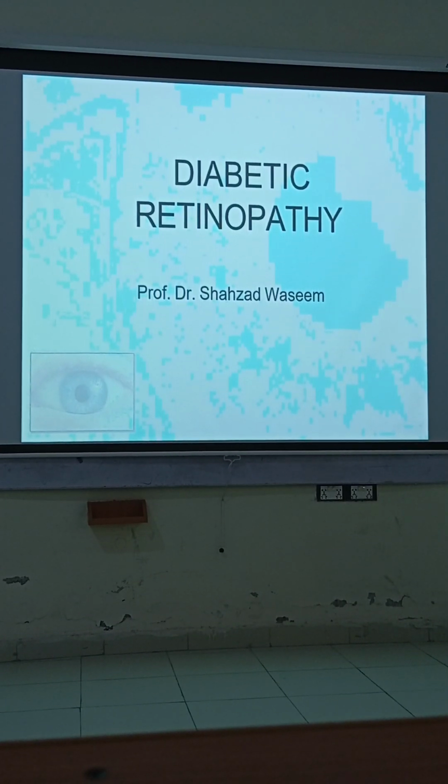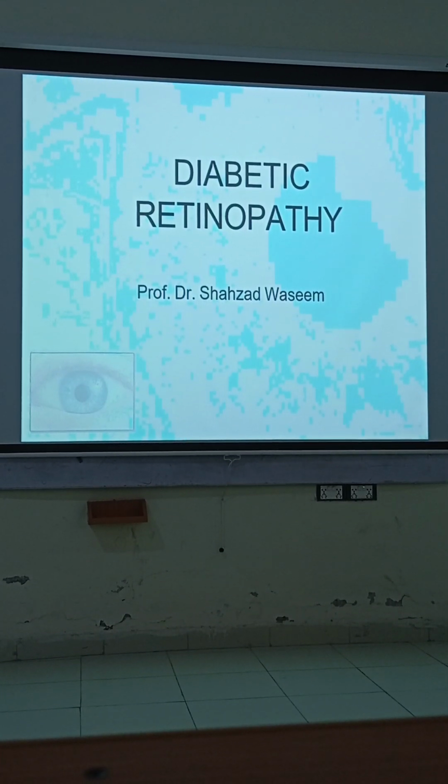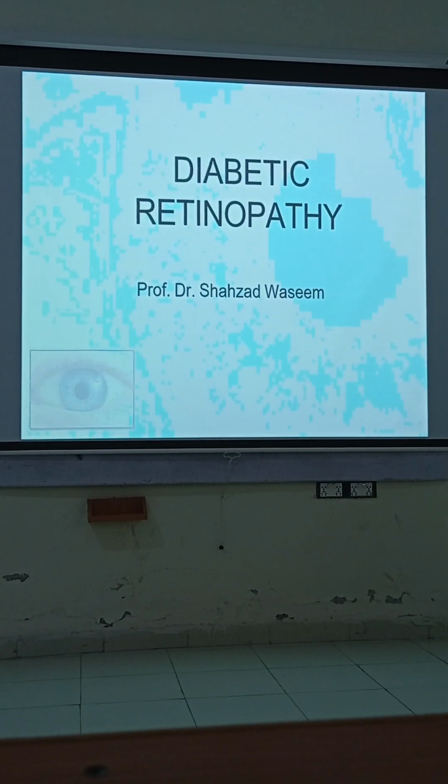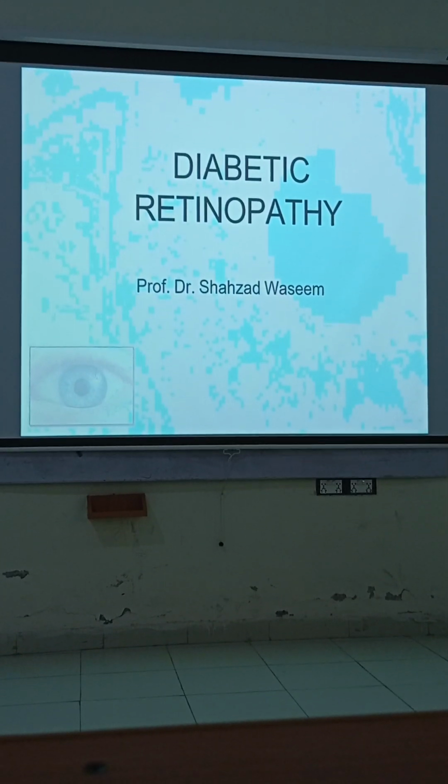Of these two, diabetes is a disease which directly affects the retina when the patient has been diabetic for at least 10 years, and we call it diabetic retinopathy.